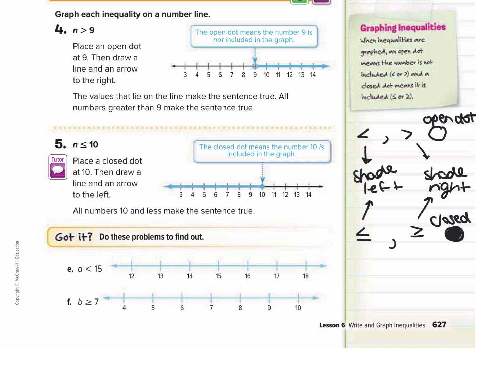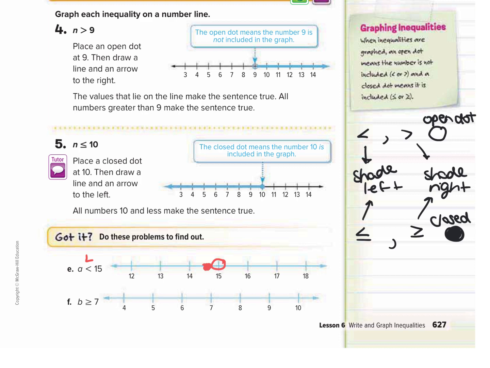So E says A could be any number that's less than 15, because see, this is pointing in the same direction as the letter L, so that's the less than symbol. So if A could be any number less than 15, we're going to put an open dot at 15 because it's the less than symbol. It's not exactly 15, but it could be anything less than 15.